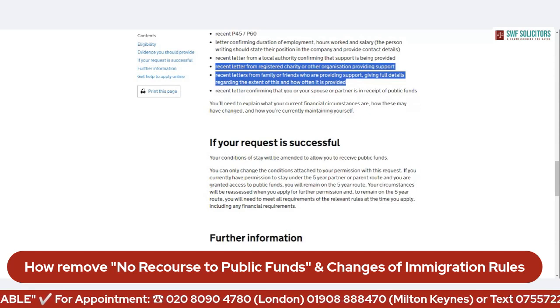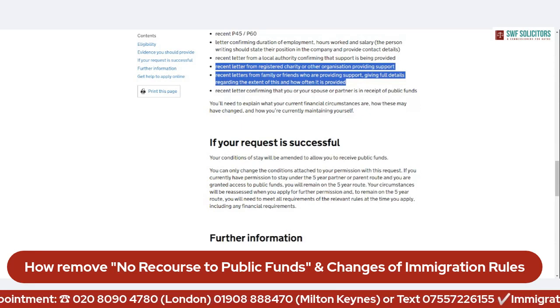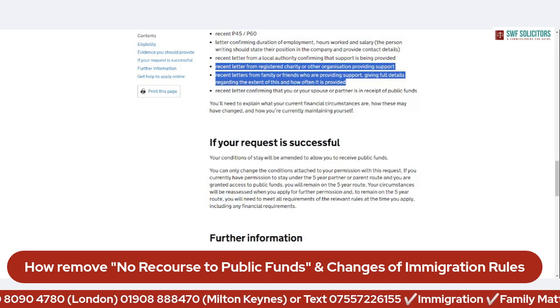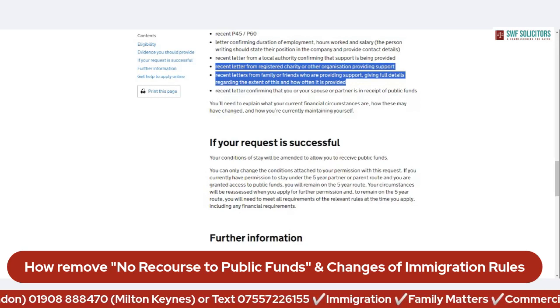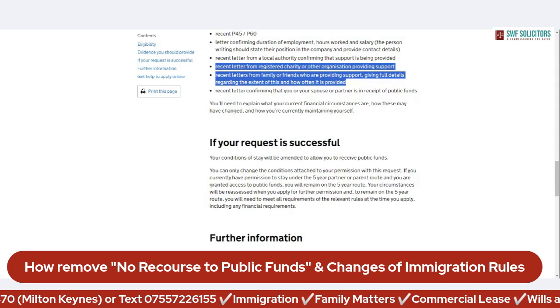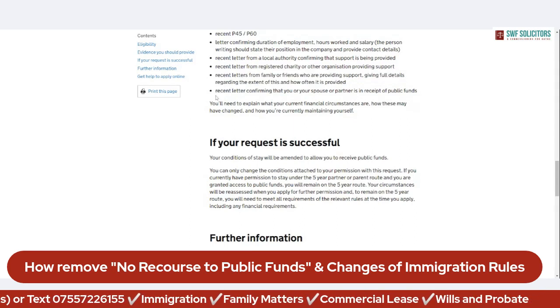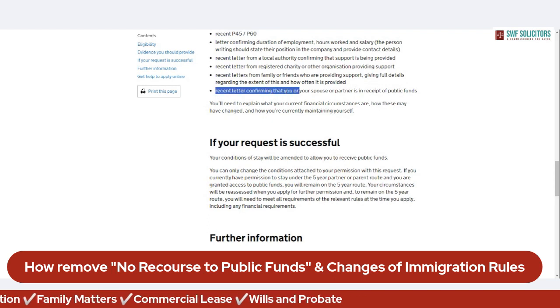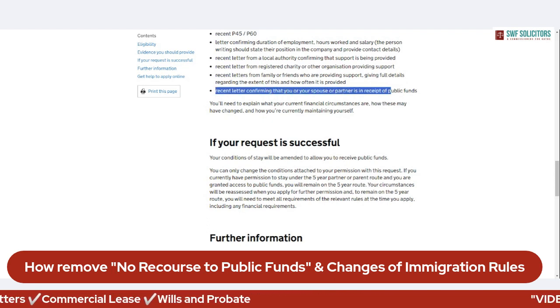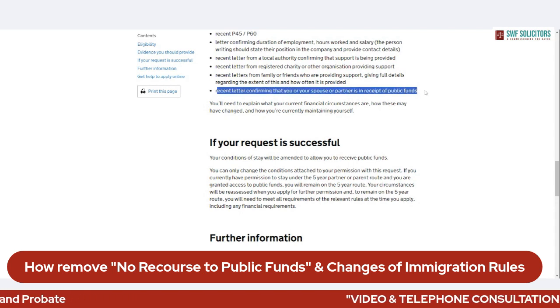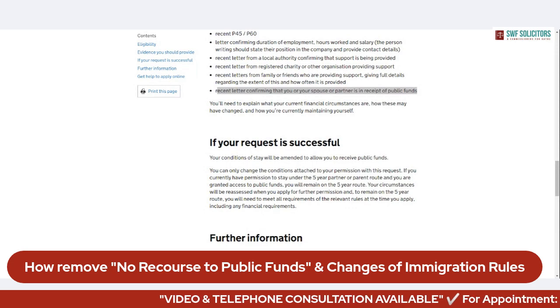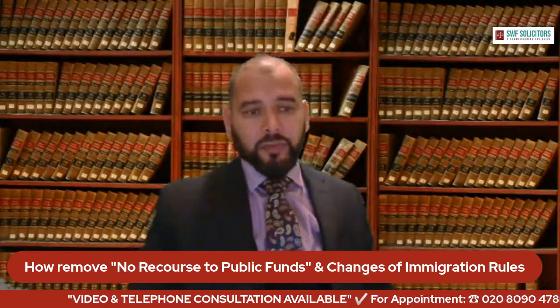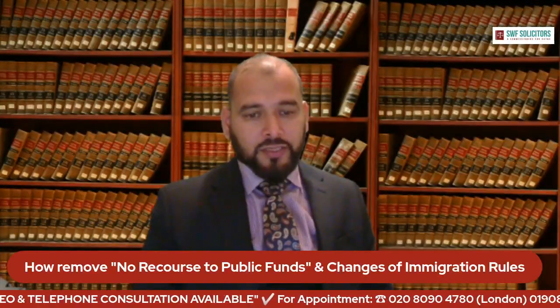You can ask the mosque, or if you receive help from any church, you can ask for a letter from the church. So these are the evidence you need to provide. And finally, a recent letter confirming that both you and your spouse or partner receive public funds. If you are already on public funds, then this is not applicable. So this is the requirement, and this is the evidence you need to provide for access to public funds.